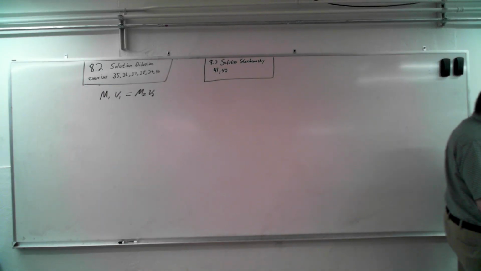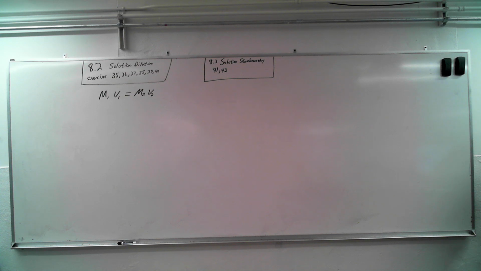All right. Let me pop this up here. So in chapter 8.2, you skip down some until you see solution dilution. There's the famous formula. I'll just go ahead and use this as an example. Example 8.3.